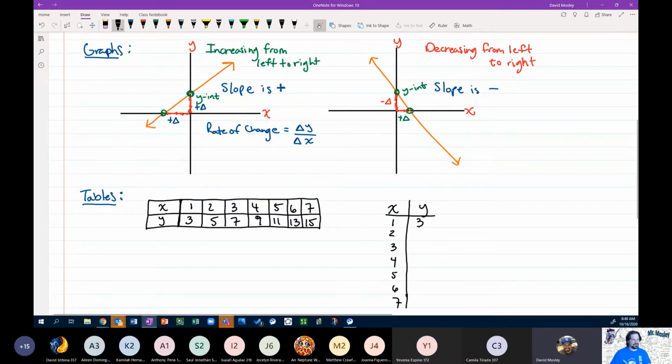But it's the same information, just switched in the direction that it's facing. Either of these representations will give us the same results. We can still find the rate of change, and we can still use the table to find the y-intercept and the start value.